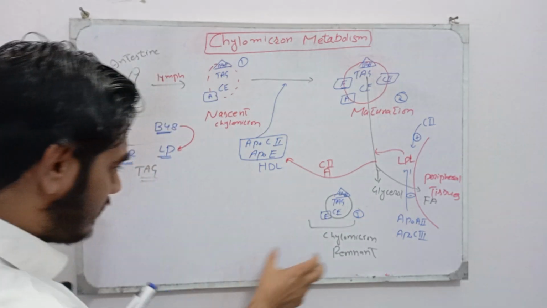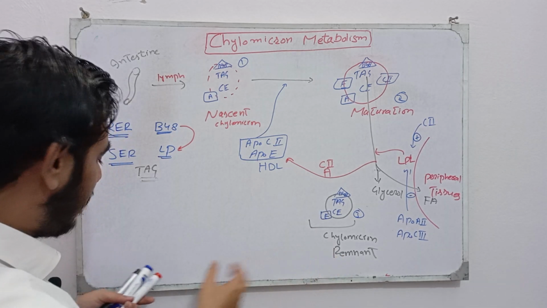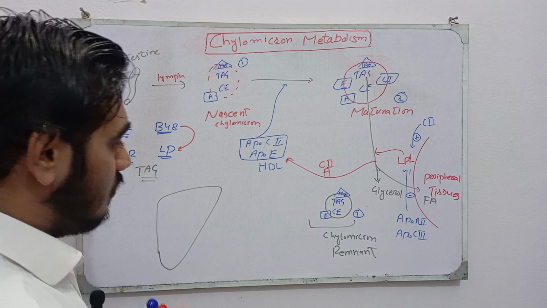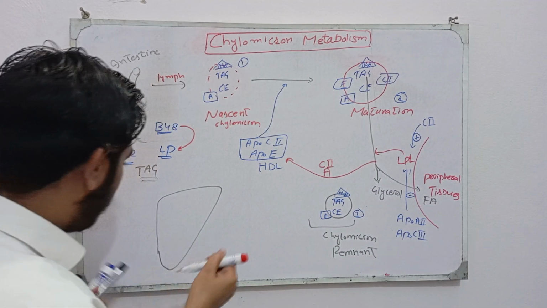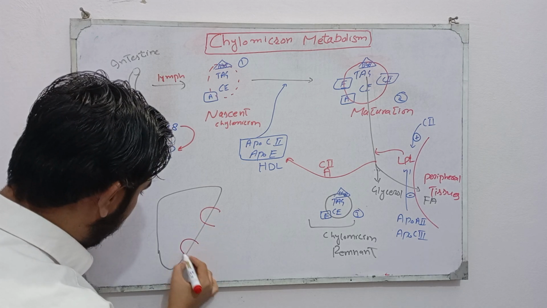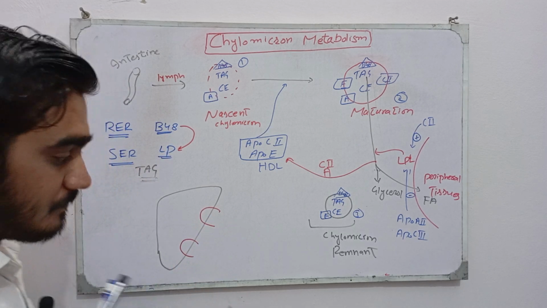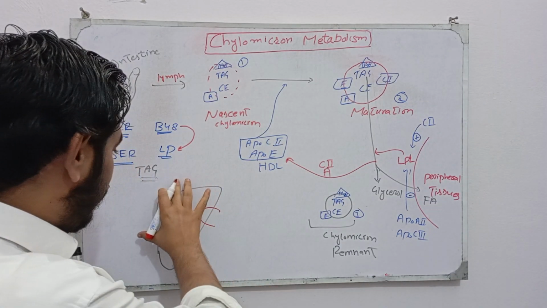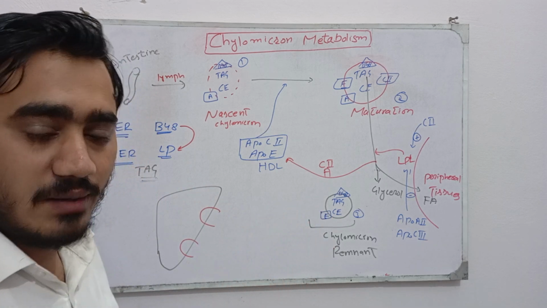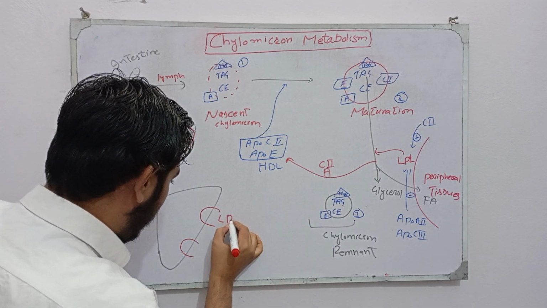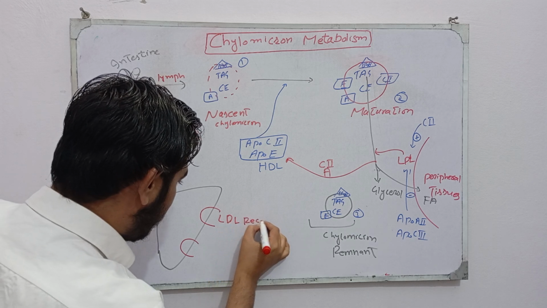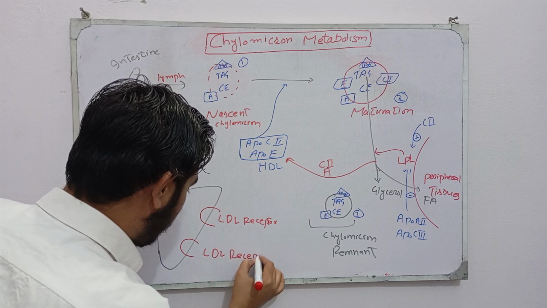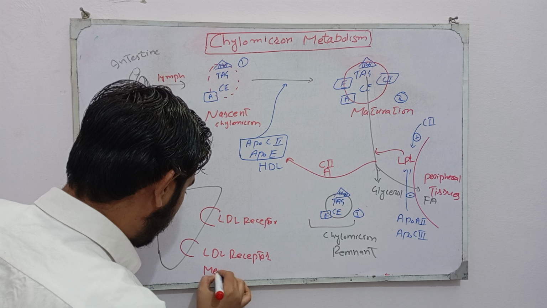In the next step, this chylomicron remnant is taken up by the liver. Okay students, and it is done by receptors. There are two types of receptors present on the liver for the uptake of chylomicron remnant: LDL receptor and LDL receptor related protein.